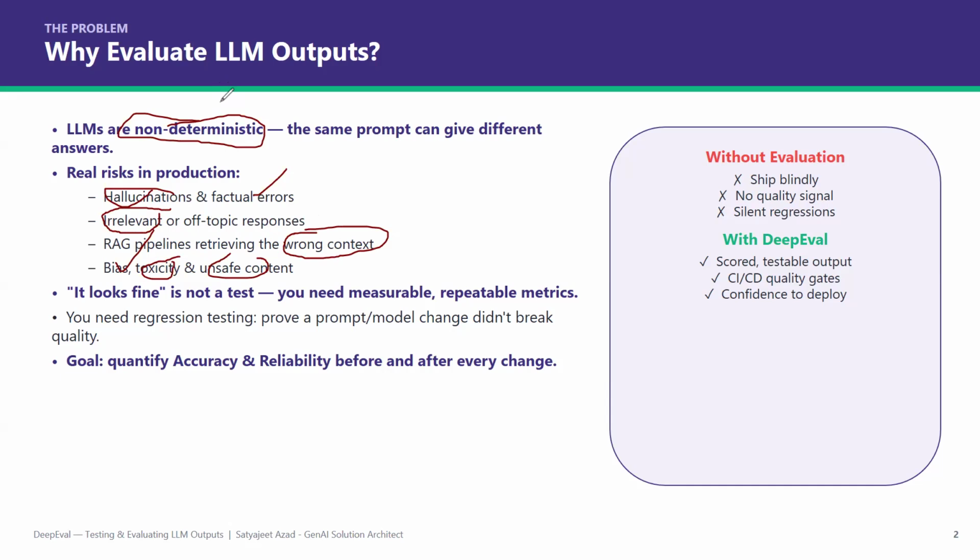Sometimes it looks fine, but there are no measurable or repeatable metrics. We need to run regression testing, and prove that a prompt or model change did not break the quality of your AI system.